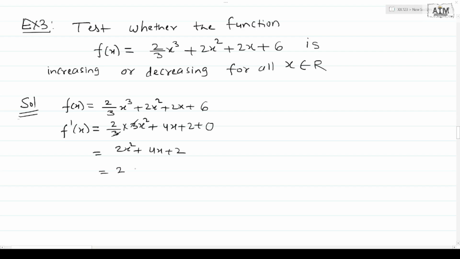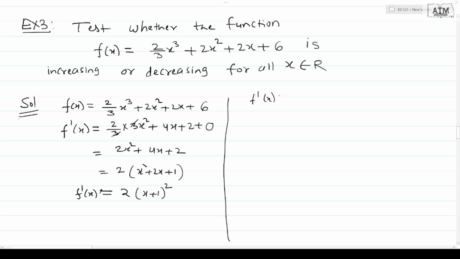We can take 2 common. So x square plus 2x plus 1. Therefore, f dash x equals 2 into x plus 1 whole square. Now, f dash x equals 2 into x plus 1 whole square.